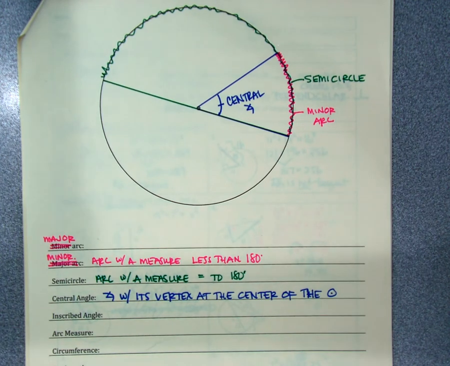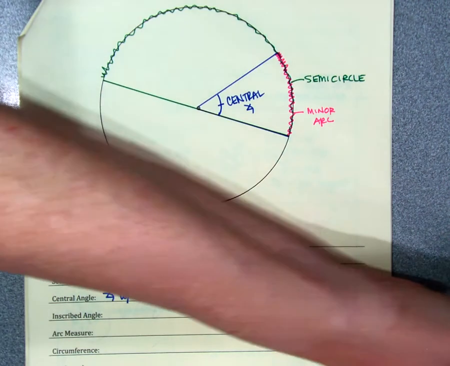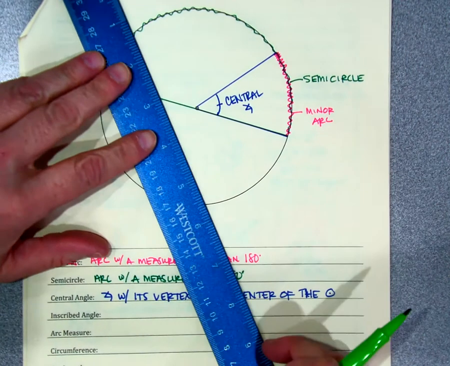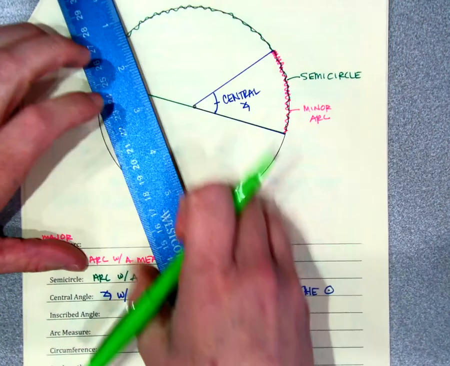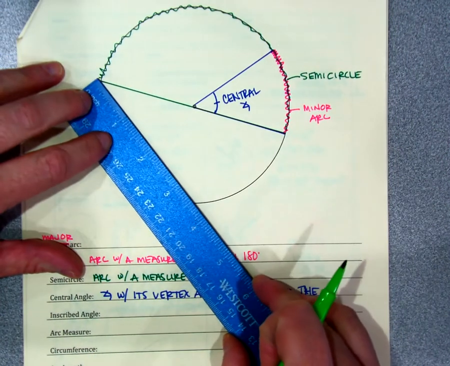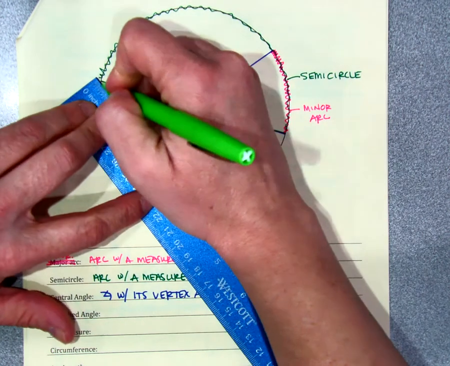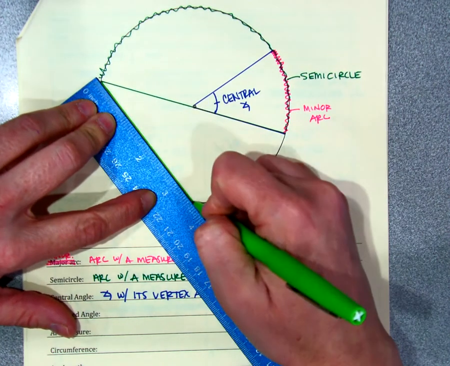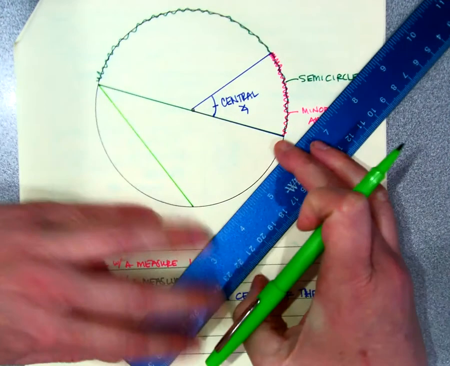Okay, so for an inscribed angle, I'm going to draw a chord here and another chord here.